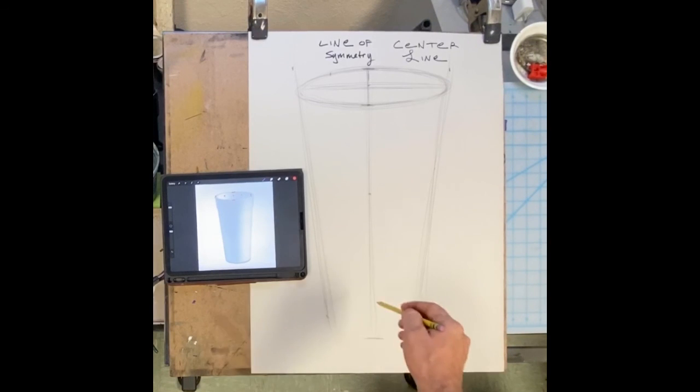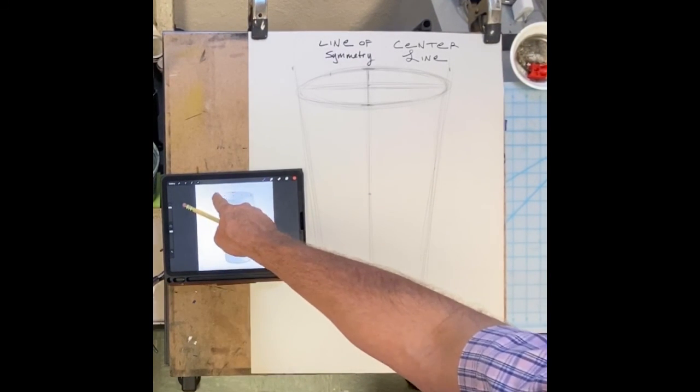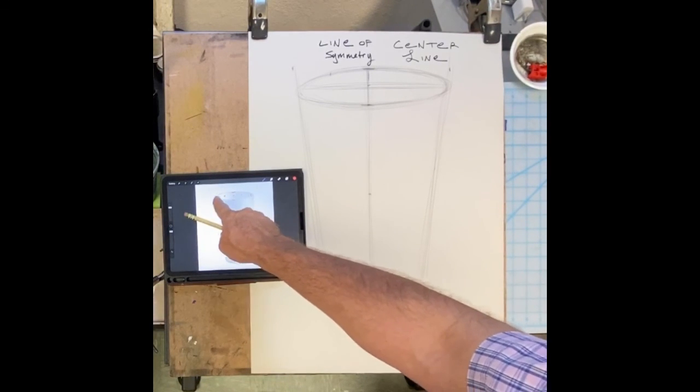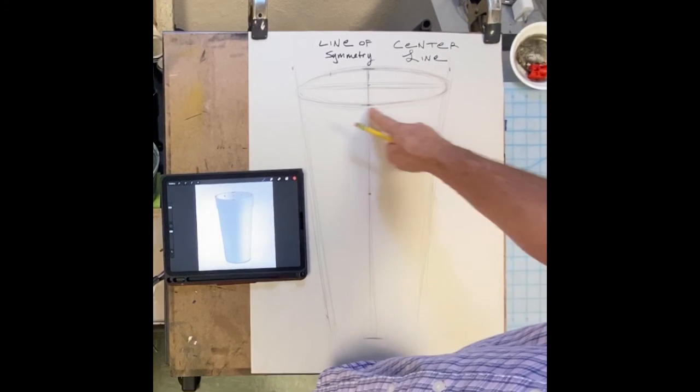Now, remember, this ellipse down here is going to be approximately the same form of curve as the bottom of the ellipse at the top.